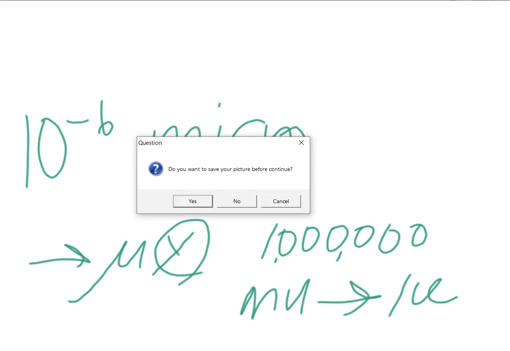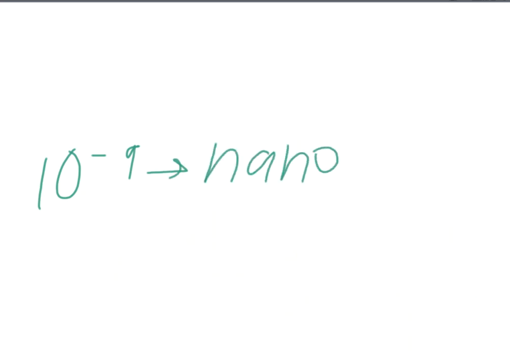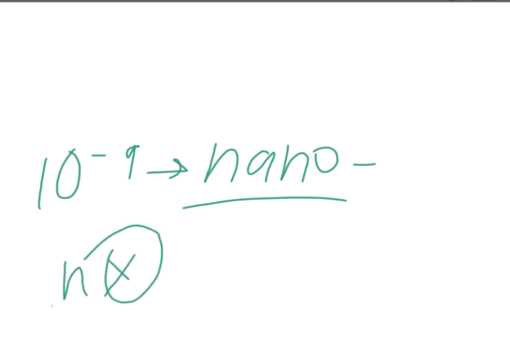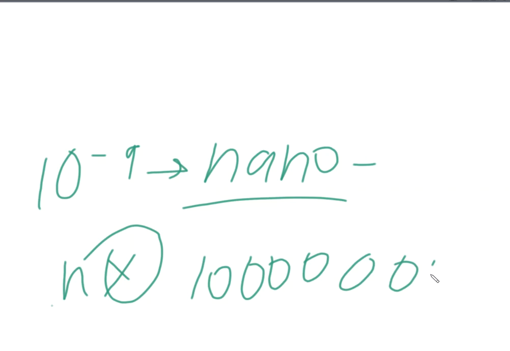And the last one is nano, which is 10 to the negative 9. That's your prefix, and that looks like nX. That's your variable once again. And it's 1 billion. Oh, I did the commas wrong.